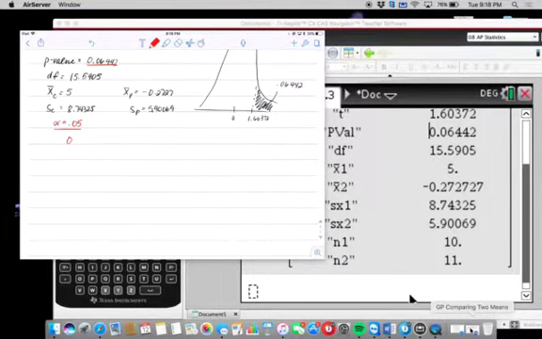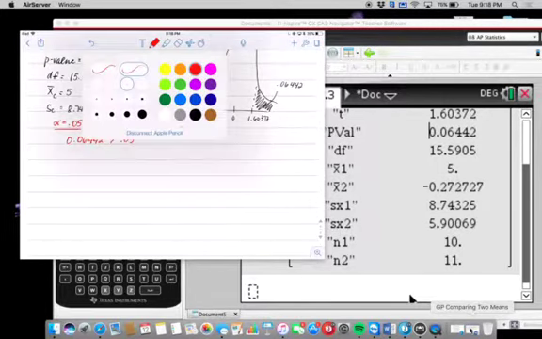So it's going to be 0.06442 compared to 0.05, and if you notice, it's greater than 0.05. Remember, if the p-value is low, you reject the null hypothesis. In this case, the p-value is not lower than the significance level, so we fail to reject.